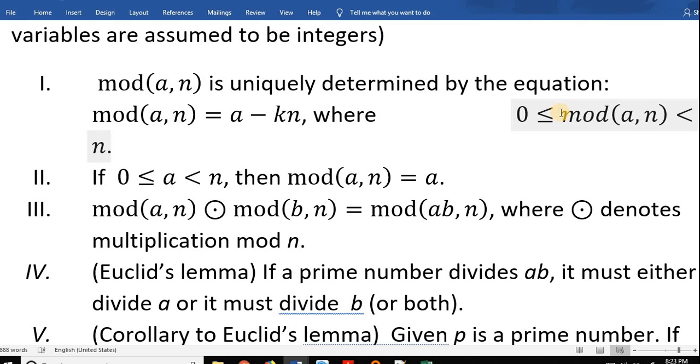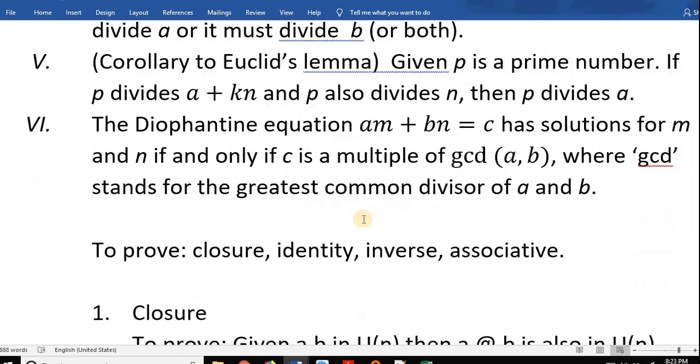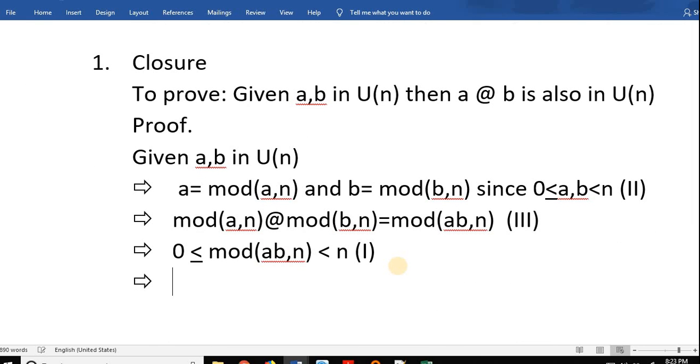It follows from this: where you always get the mod is some number between 0 and n. So that follows from 1. Let's get that down here. So that's from 1. And now I need to show that this number here, AB mod n, is relatively prime to n. Now what about AB? AB is relatively prime to n.